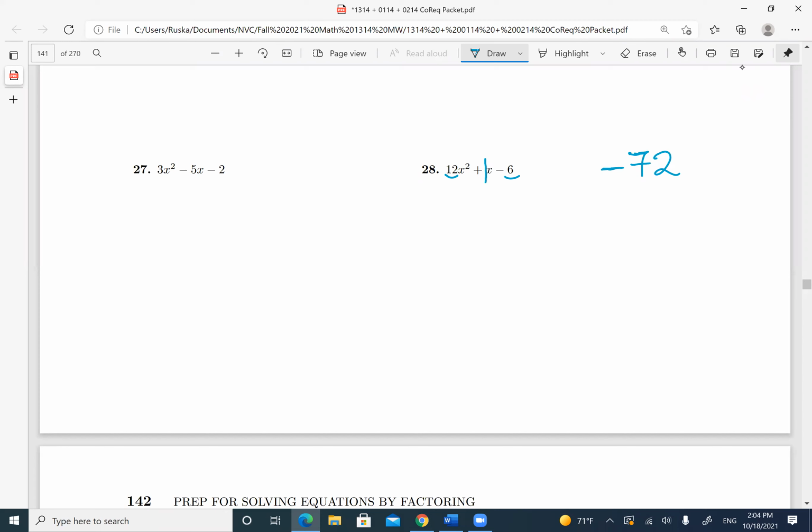But if you want to write them all, let's start with 1 times 72, because the positive one is bigger, so the negative is the smaller. 2 times 36. 3 times, what is 72? 24, right? Yeah, 24.